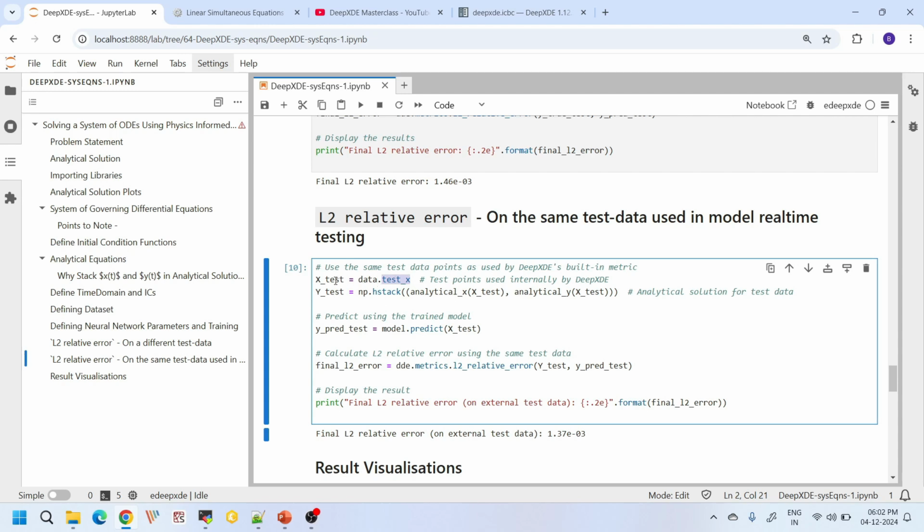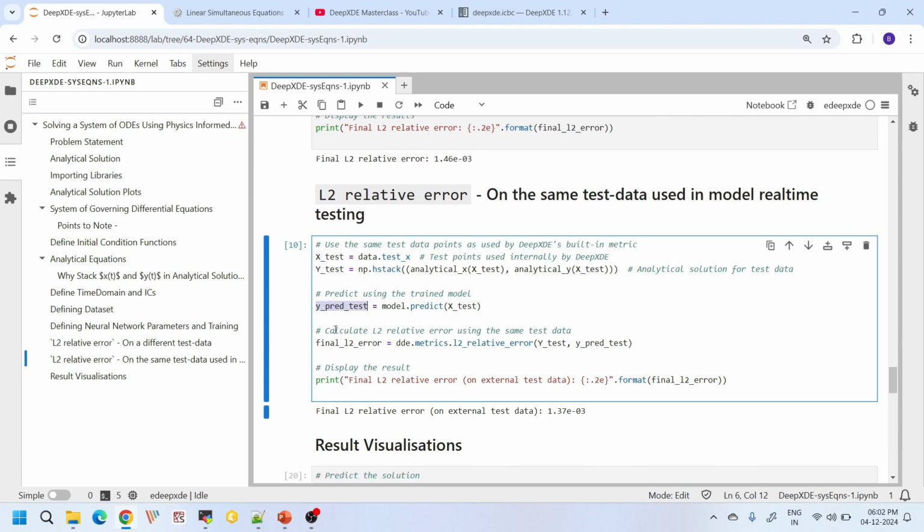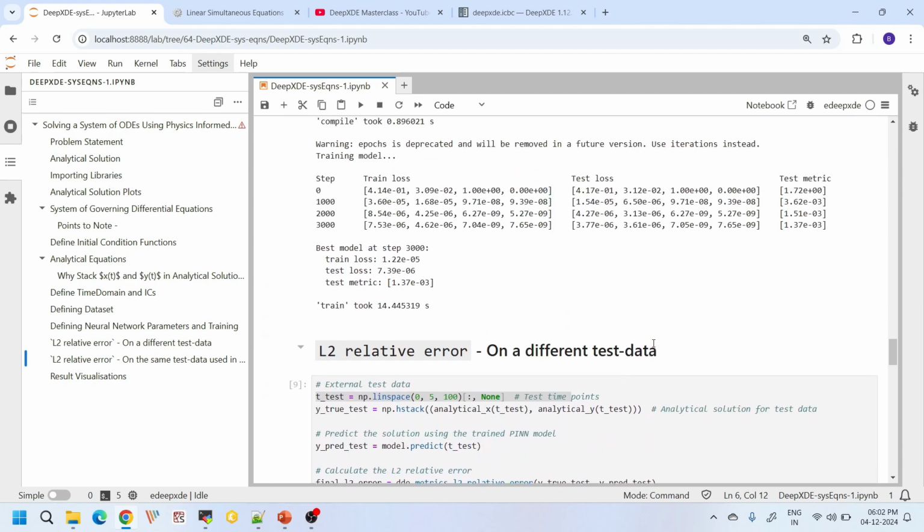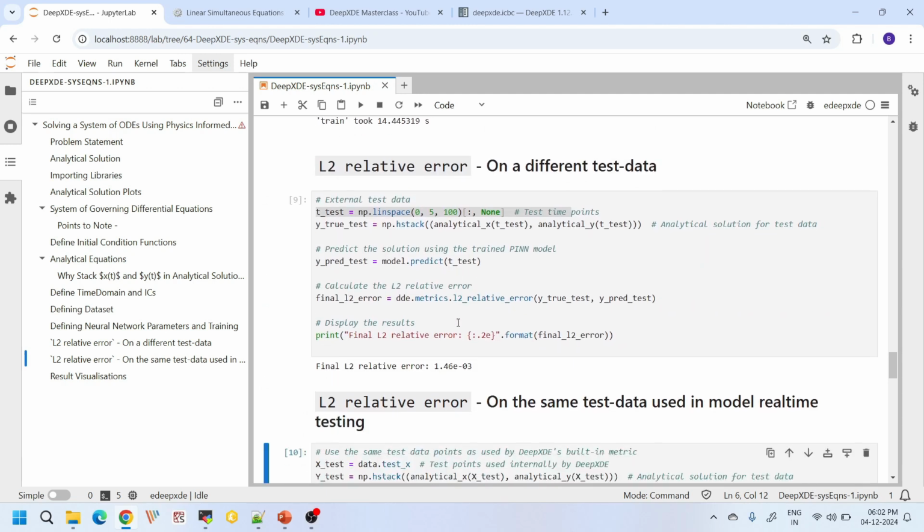This returns the input features used in the real-time testing that happens while training. If you take that data, evaluate y_test and y_pred, and compute the relative error, you will get 1.37e-3, and that is the same as this one. This is one caveat.